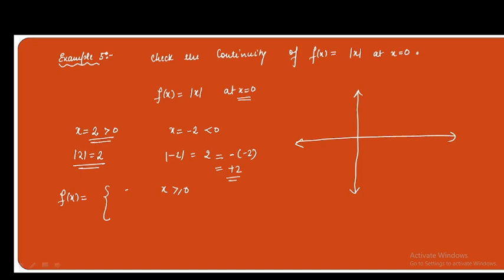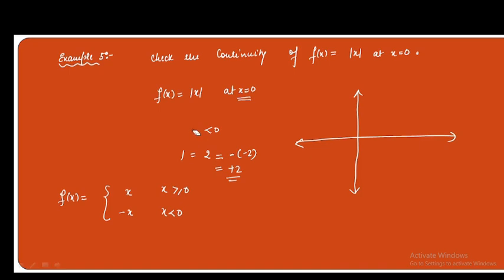So here the modulus of the function will be the number itself, and when x is negative, then it will be minus of the number, right, in order to make it positive. So in this way you are going to define the function.